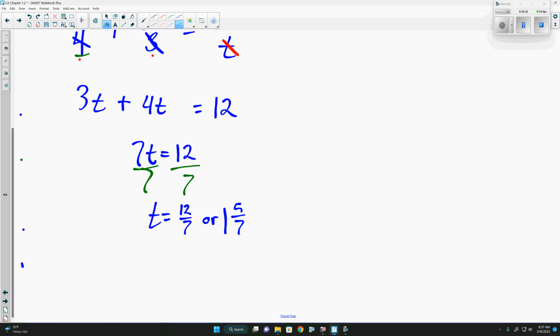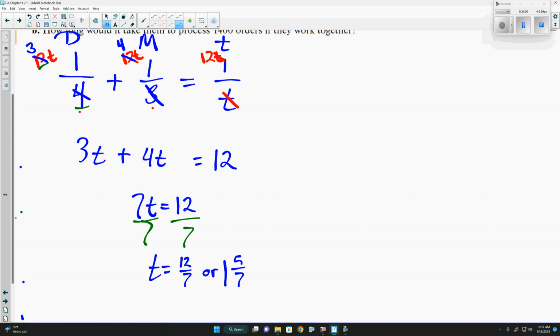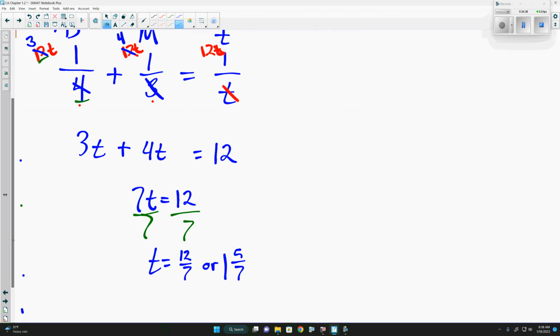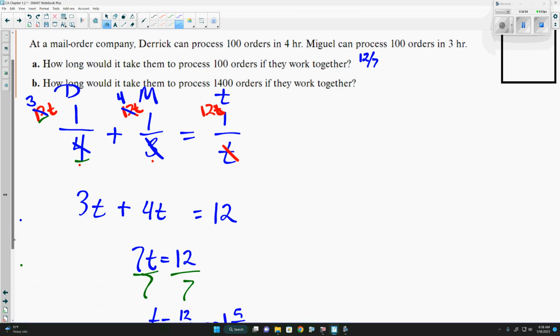Or we can plug it into a calculator and let it do the conversion for us. Questions on this here? So the amount of time it takes them to do one order is 12 sevenths. Any questions on any of this here?